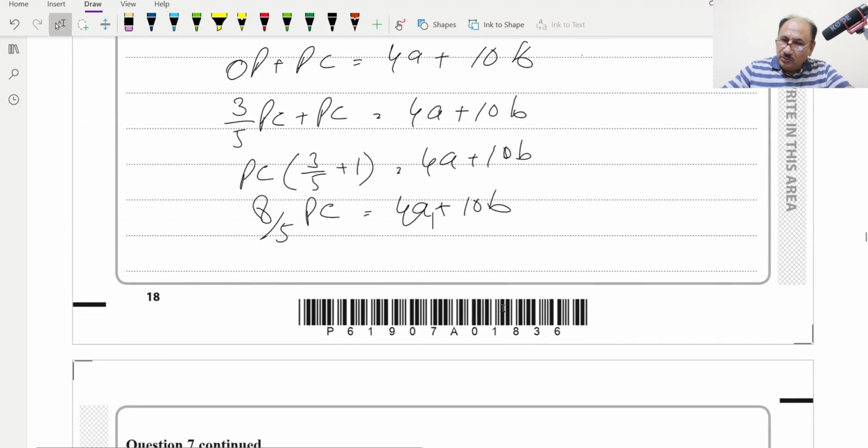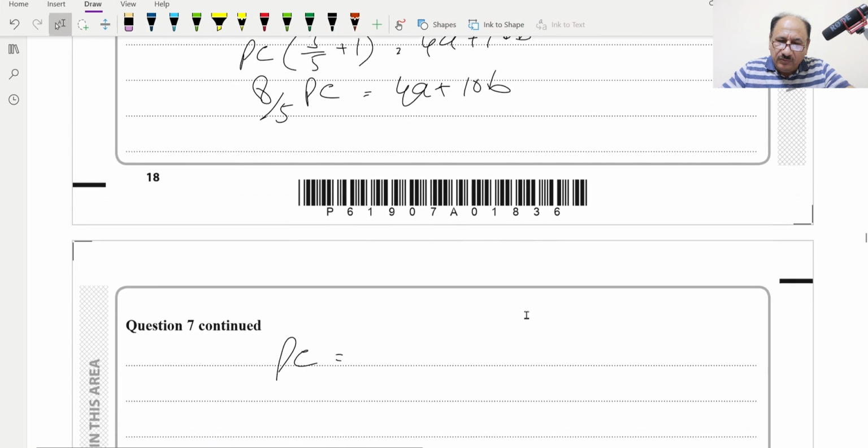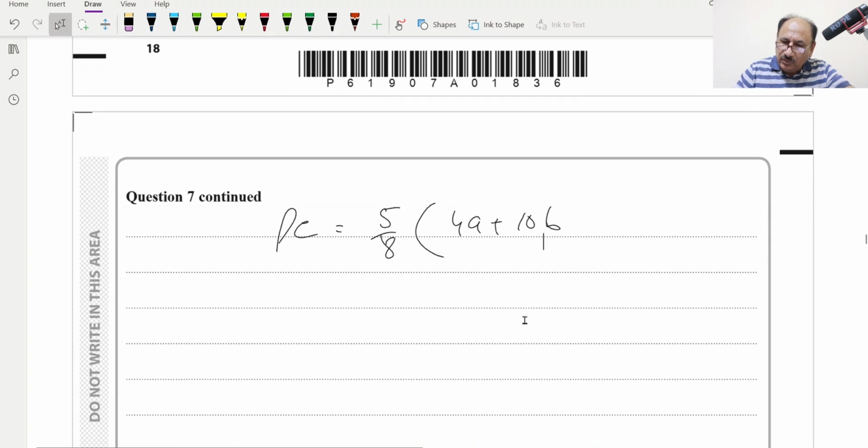PC will be equal to, we can write on the next page. So PC is equal to, 8 by 5 will shift to the other side, so it will be 5 over 8 of 4a plus 10b, and we can divide these.